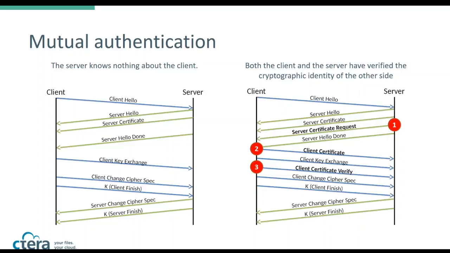The client will present its either soft or physical certificate derived from a smart card or a USB thumb drive. And that verification checking will occur on the server side to ensure the integrity of the certificate that was shared by the client.